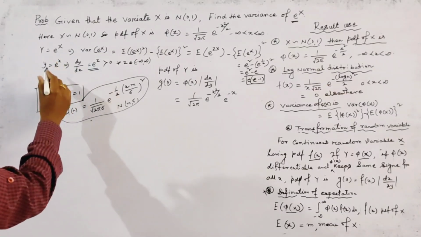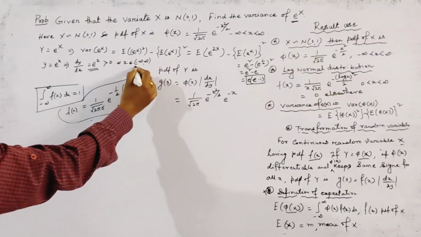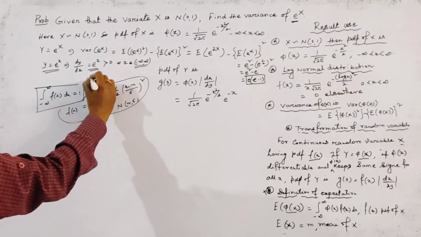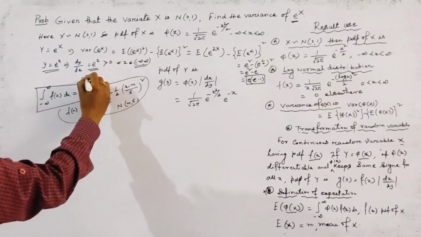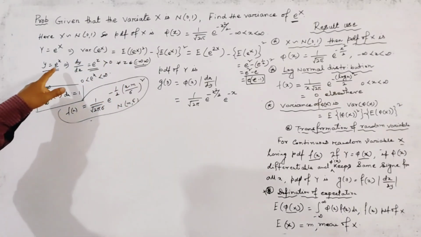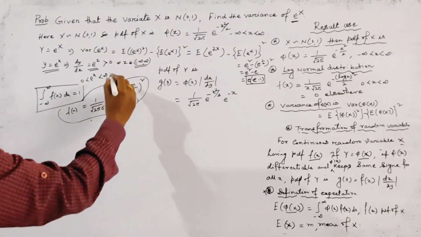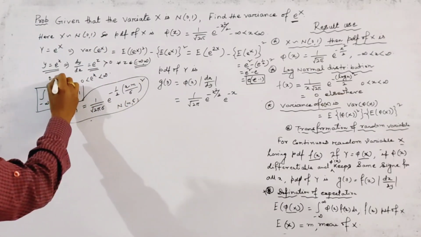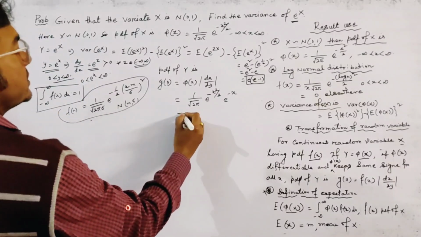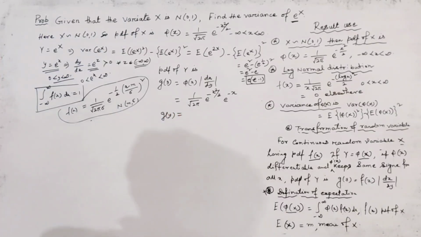Clearly, we find the range here. We know that for all values of x, that is minus infinity to infinity, e to the power x varies from 0 to infinity, because e to the power minus infinity is 0 and e to the power infinity is infinity. So the range of y is 0 less than y less than infinity. We transform x to y because this is the PDF of y.